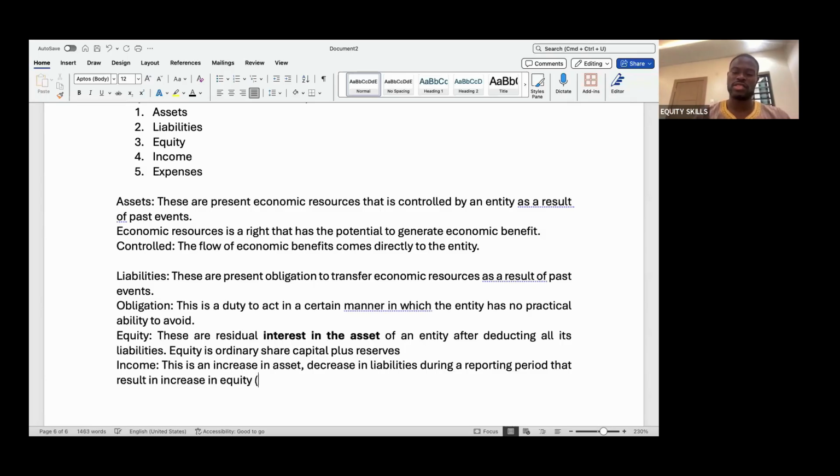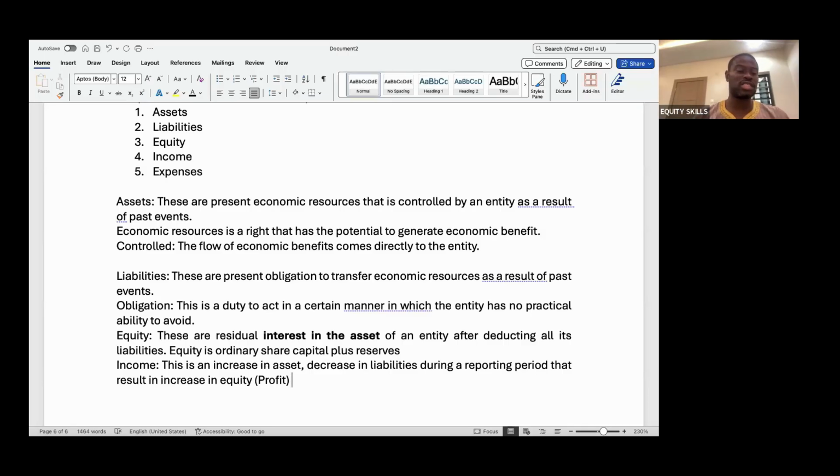When you make profits, your profit will increase either your share capital or your reserves. Profit is an income. Gains is an income. So when your asset increases and your liability decreases, you make profit, so your equity will increase. That is an income.